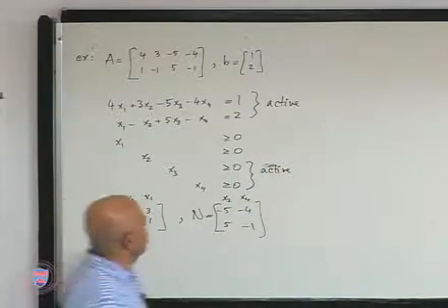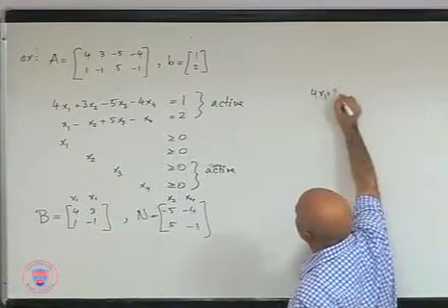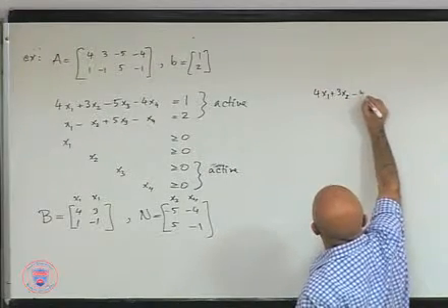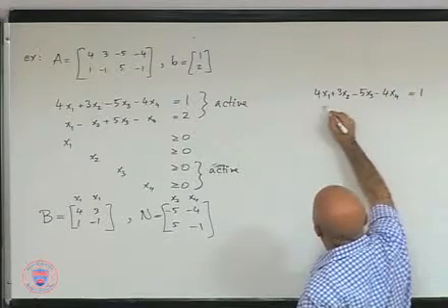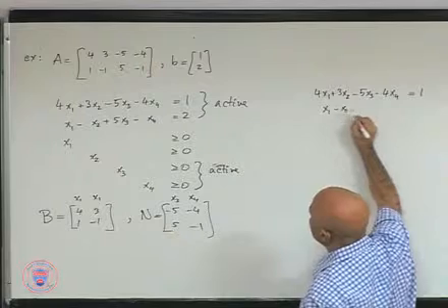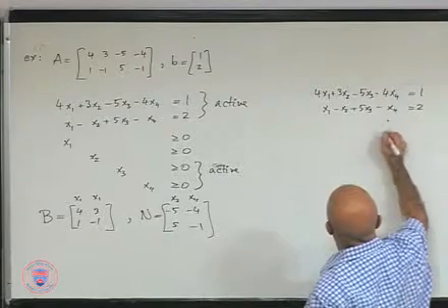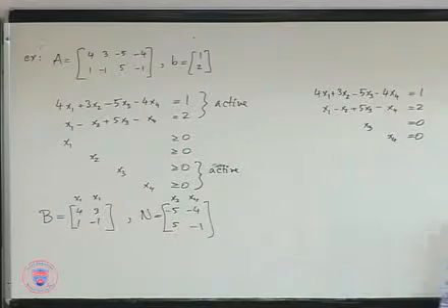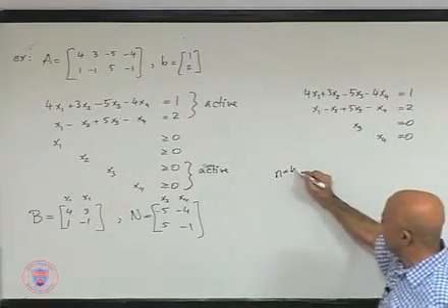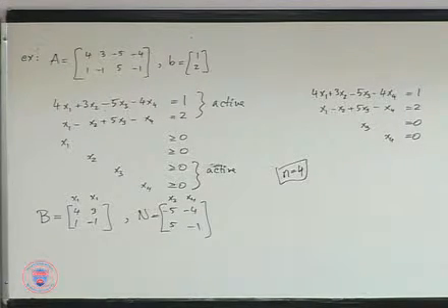So the system we have with these active ones reduces to 4x1 plus 3x2 minus 5x3 minus 4x4 equals 1, x1 minus x2 plus 5x3 minus x4 equals 2, x3 equals 0, x4 equals 0. That's the system you've got. You're in 4 dimensions, and you've got 4 equations that you hope are also linearly independent. Okay?